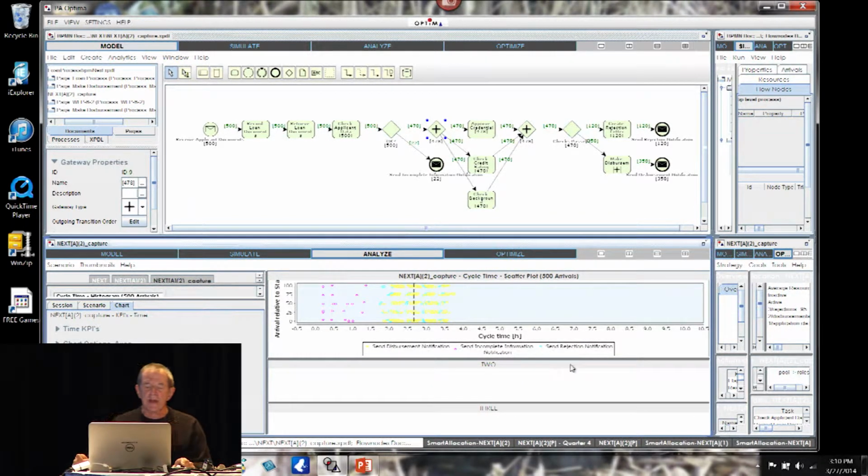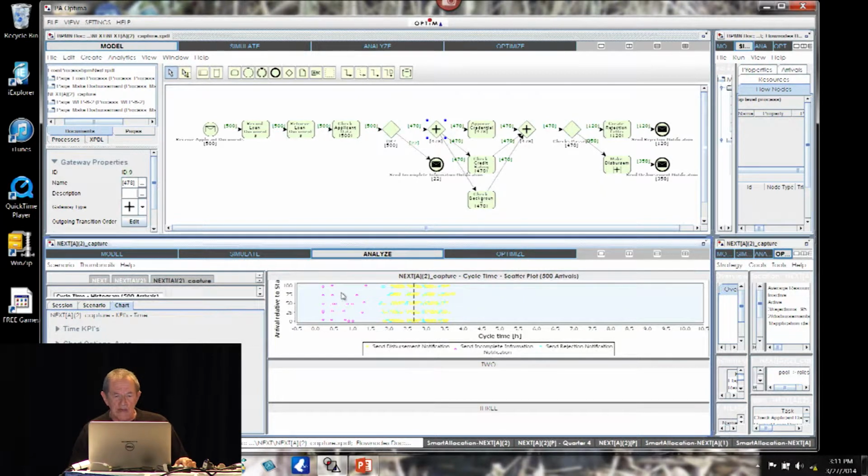In the scatter plot, it's showing me the number of applications that were discarded because they were rejected because the information was incomplete. The number of applications which were complete, but we decided on the basis of some rule that they should be rejected. And the number of applications where we actually dispersed money.